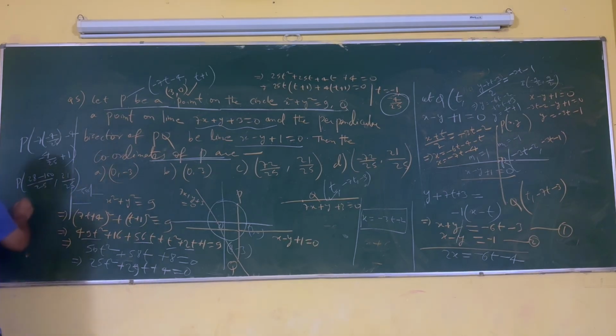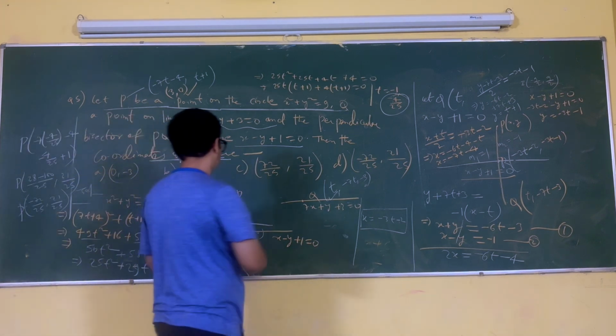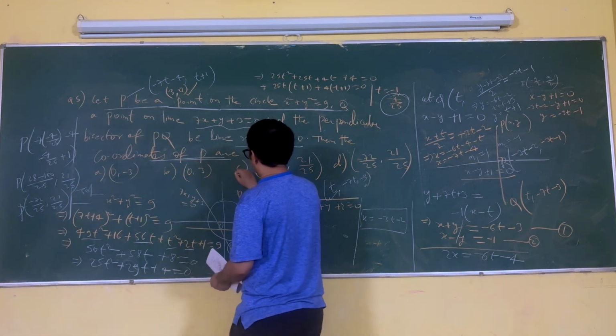Minus 72 upon 25 comma 21 upon 25. Okay, so D is the right option here. So this is how we can do this question.